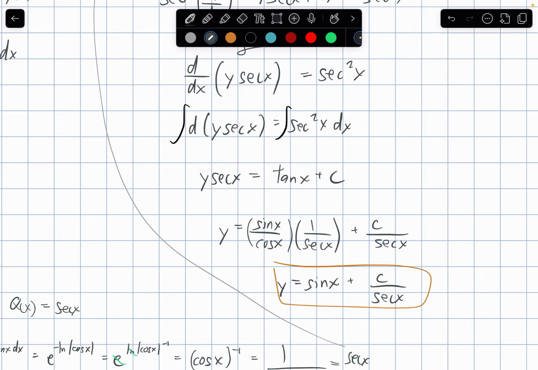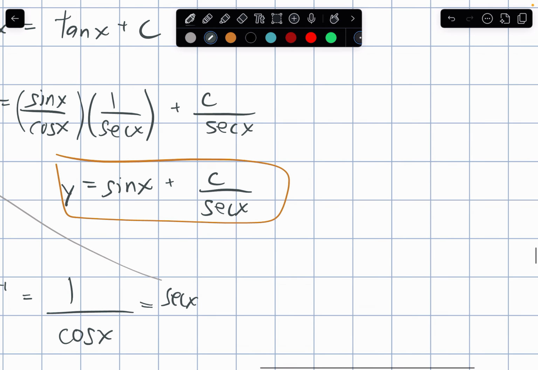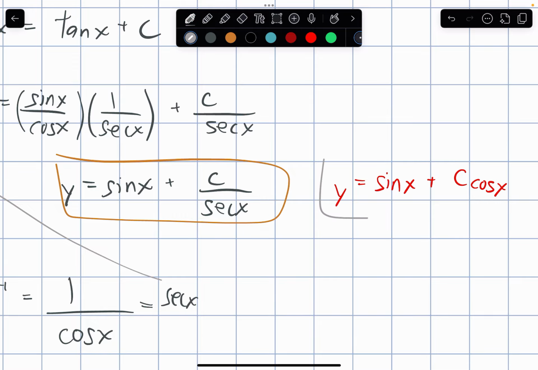Let's confirm if it's correct. Sin x plus... Okay, sure. This is already an acceptable answer, I believe. The answer key is just the inverse. But essentially it's the same.